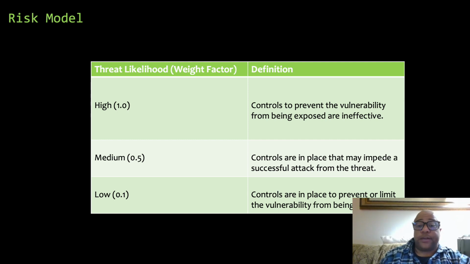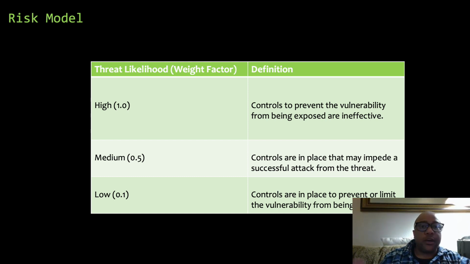For the medium definition, we define that as controls are in place that may possibly impede a successful attack from the threat, but there is also the possibility that we're not able to impede that threat. So you have almost a 50-50 chance of it either going south really quickly or quickly being mitigated.